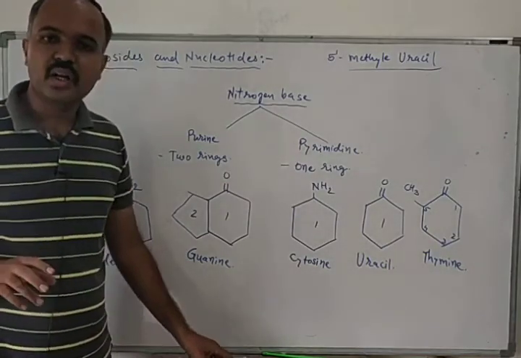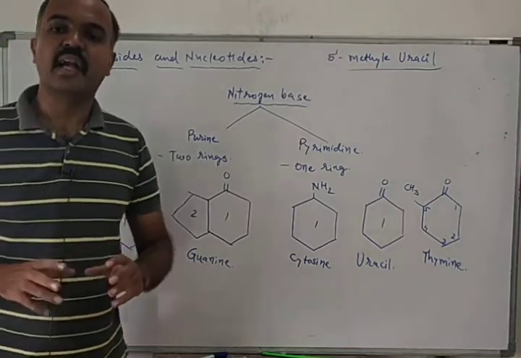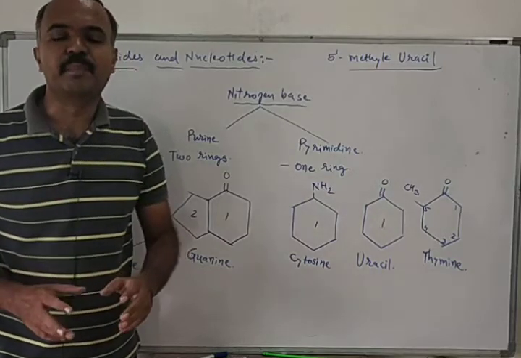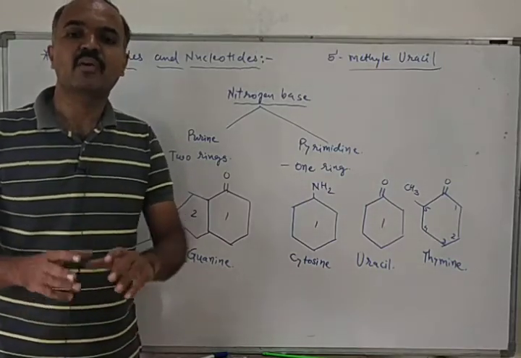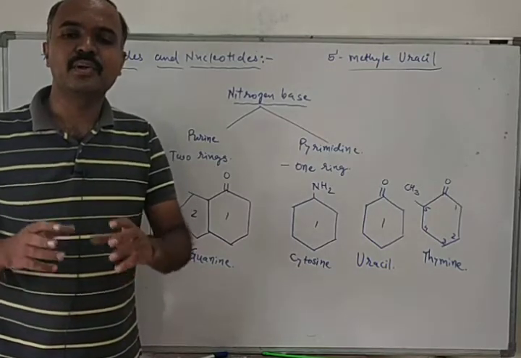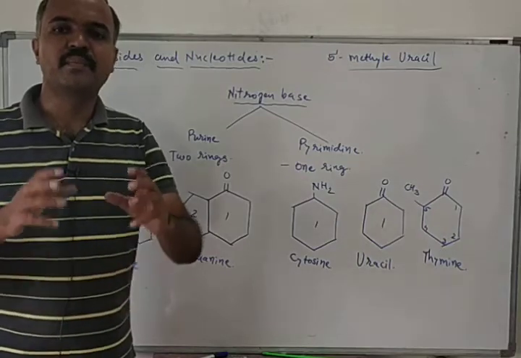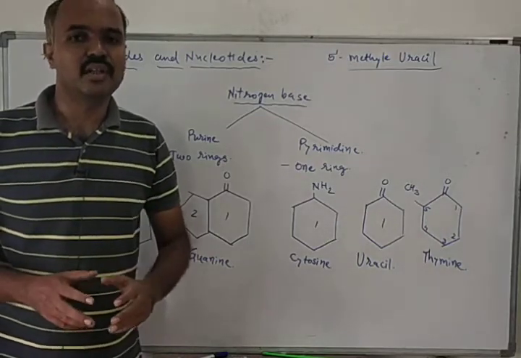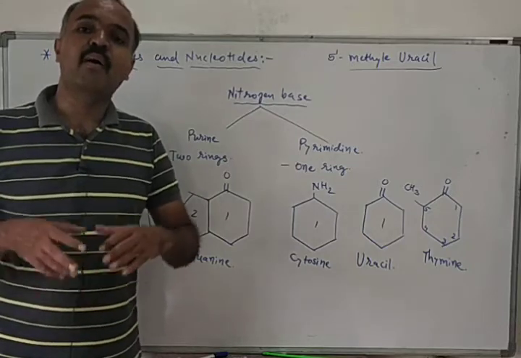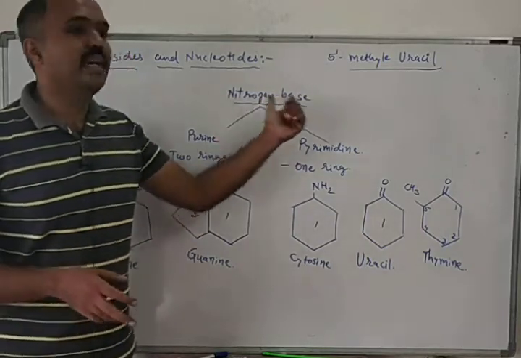So what we are talking about are nucleosides and nucleotides, and we said that nucleosides and nucleotides are a kind of carbon compounds which have heterocyclic rings in their structure. They are found in the acid soluble fraction when we perform chemical analysis on tissue. Before discussing nucleotides and nucleosides, we have to talk about the nitrogen base.